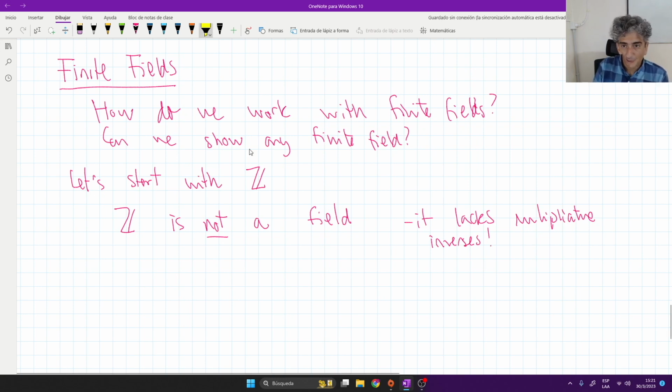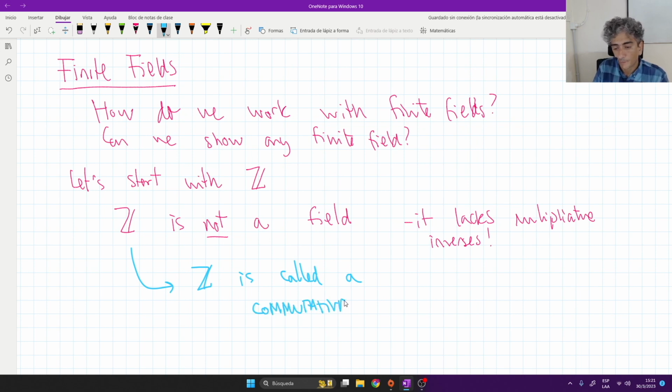So a structure that lacks multiplicative inverses is called a commutative ring.